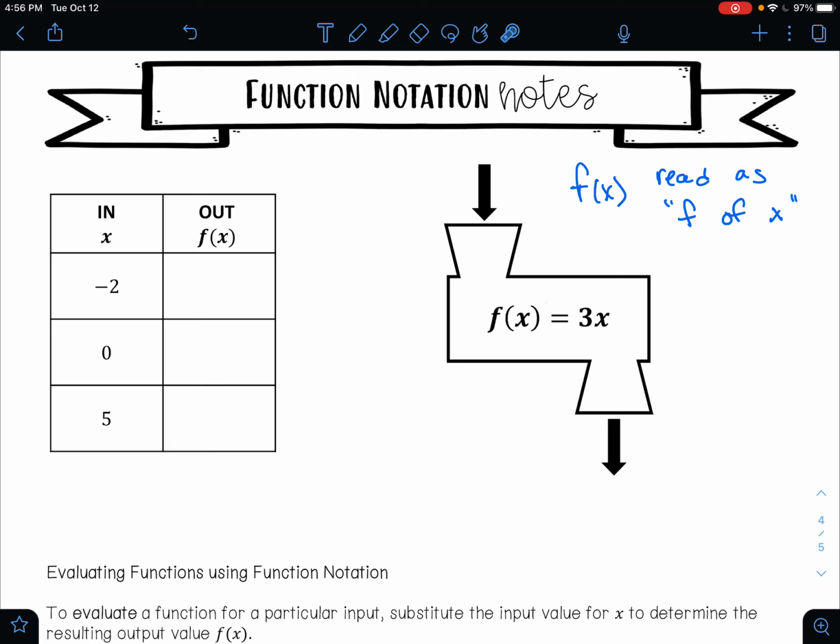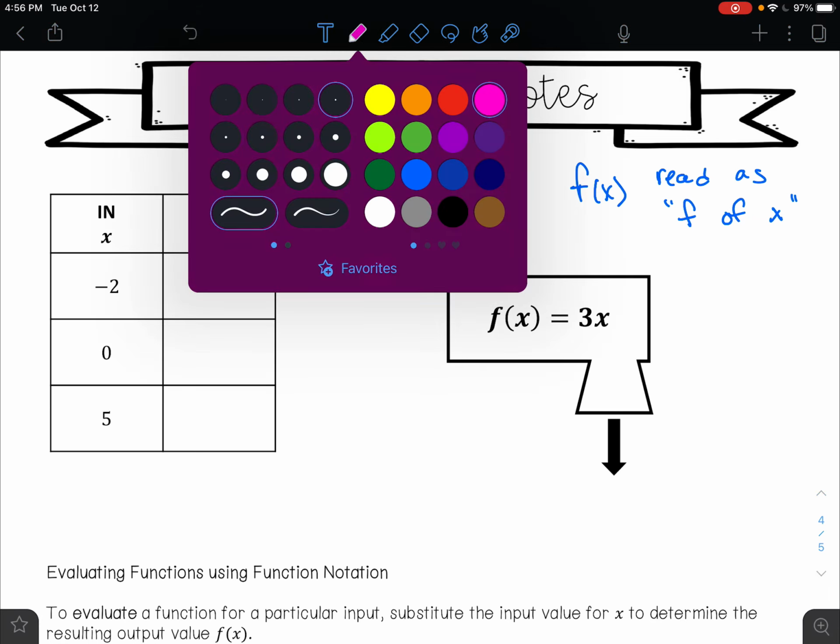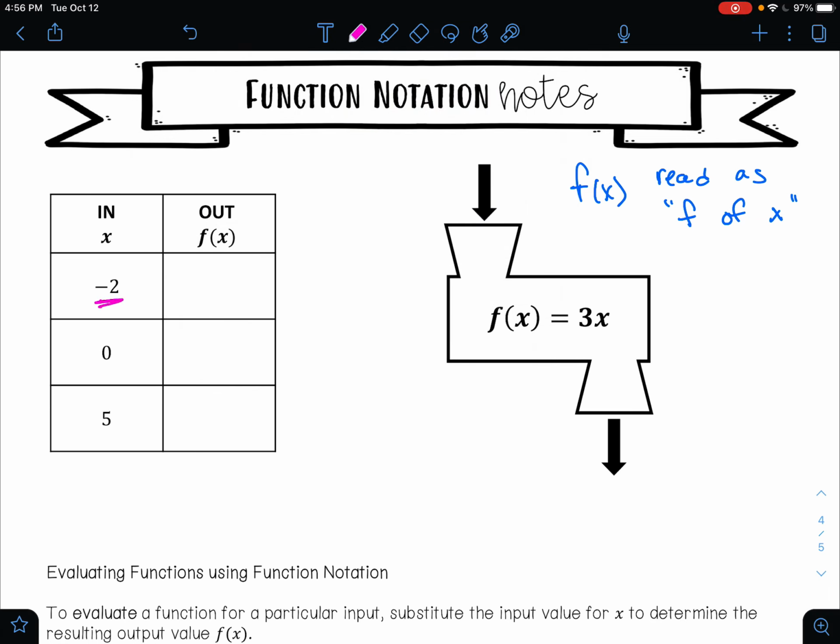So in my function machine, we have f of x equals 3x. So let's look at our inputs. Your inputs are your x values. If I start with the input of -2, so -2 is going to go into my machine. -2 is an x value. So I'll have f of -2 equals 3 times -2.